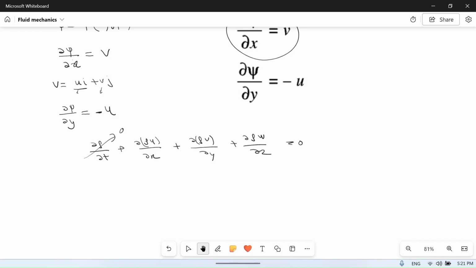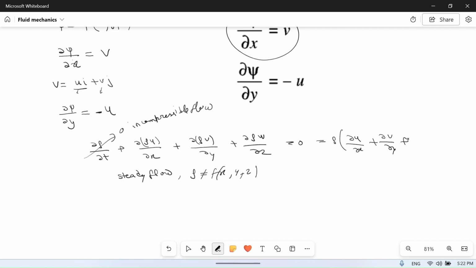Rho is considered variable inside the differential. If it is a steady flow, then density will not change with x, y and z. So density will become constant and come outside of the bracket, so rho will be common in all three: del u upon del x plus del v upon del y plus del w upon del z is equal to 0.